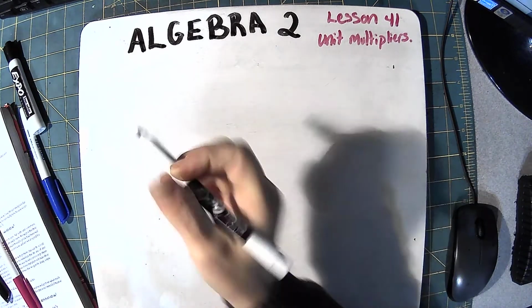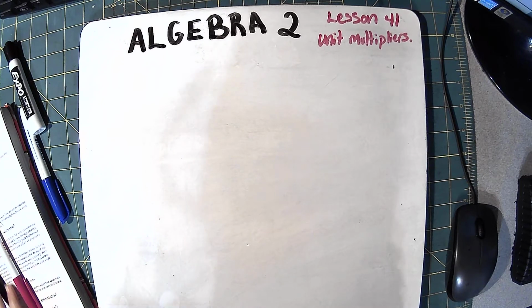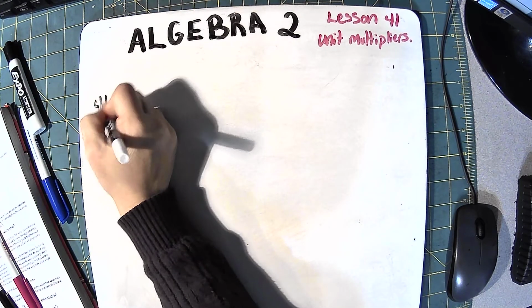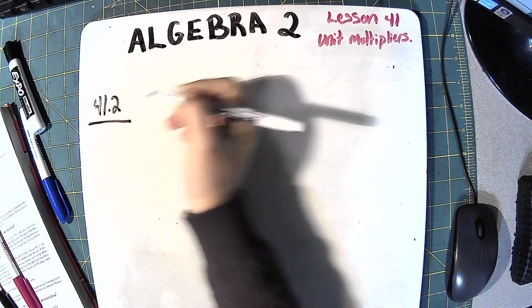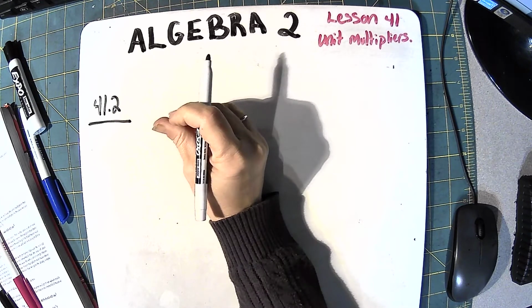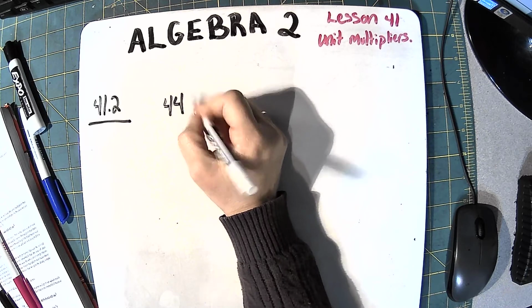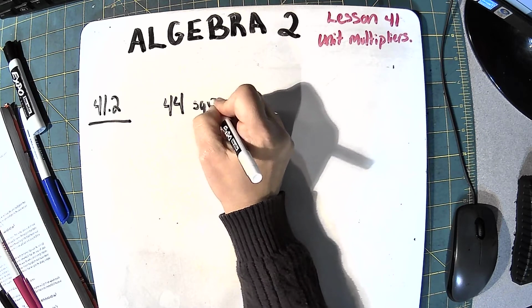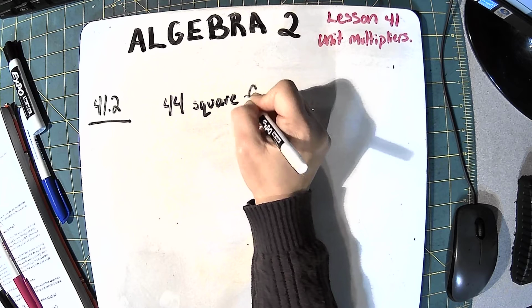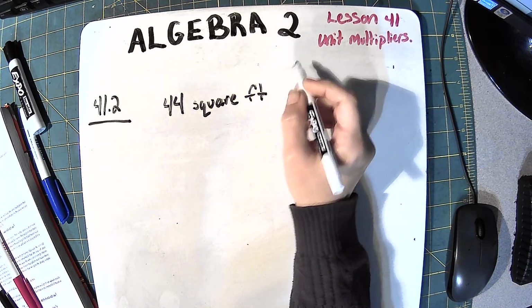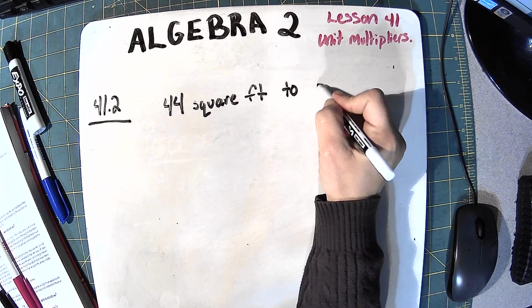All right, 41.2 asks us to use unit multipliers to convert 44 square feet to square inches.